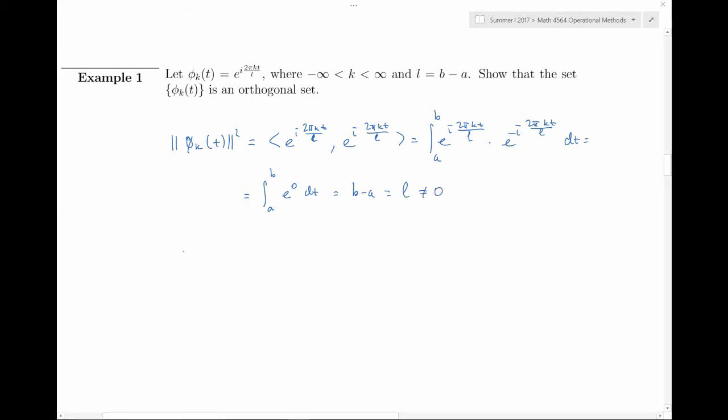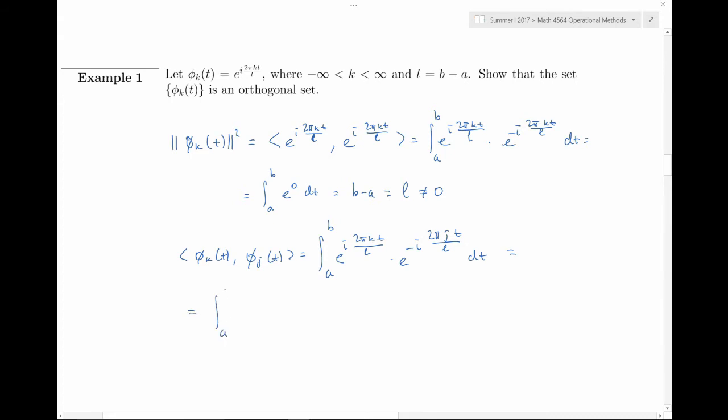If we try to compute the inner product of any function with any other function, we get an integral from a to b of e to the i 2 pi k t over L times e to the minus i 2 pi j t over L, dt.